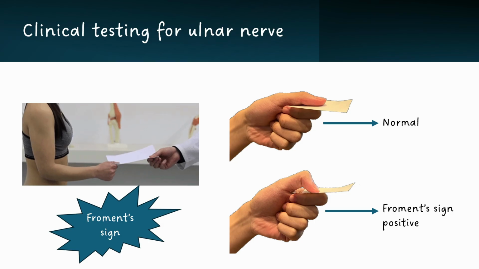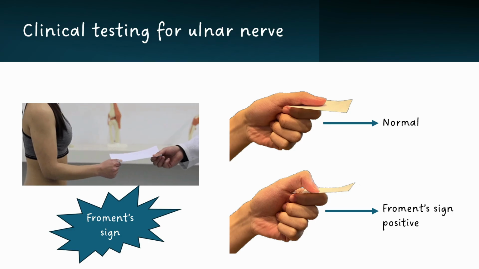Because there is paralysis of the adductor pollicis, which is supplied by the ulnar nerve, the thumb is unable to adduct, and because of that there is flexion of the distal phalanx of the thumb to hold the paper when the doctor tries to pull it away. That we call the positive Froment's sign.